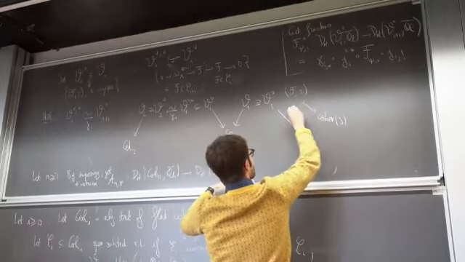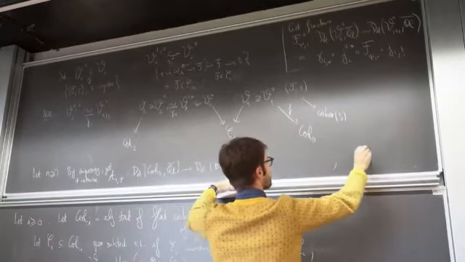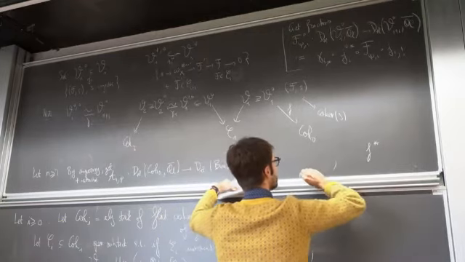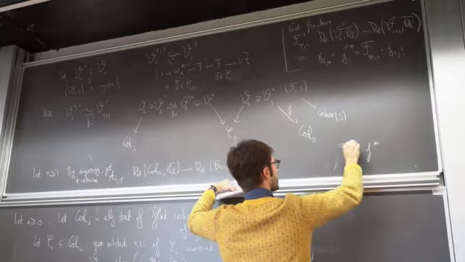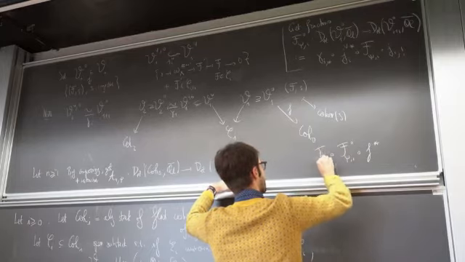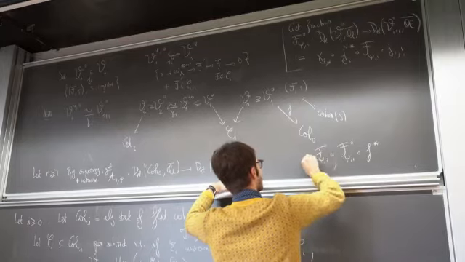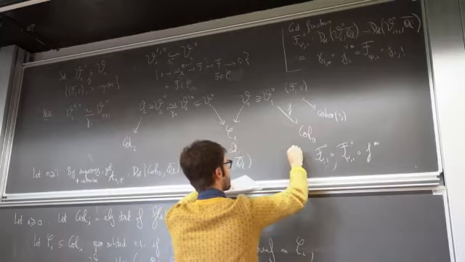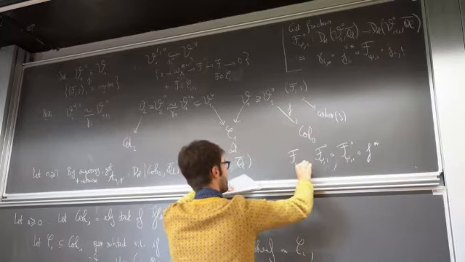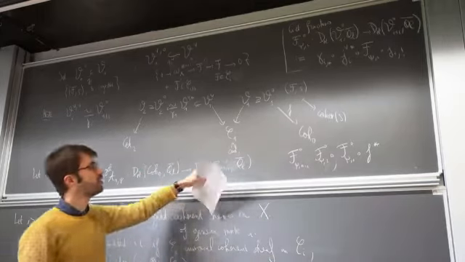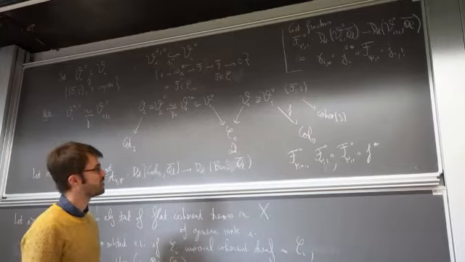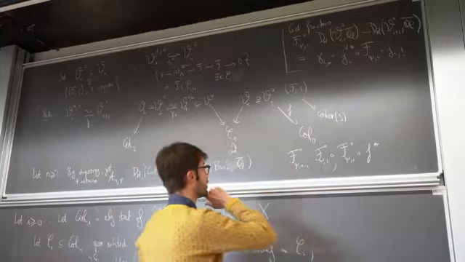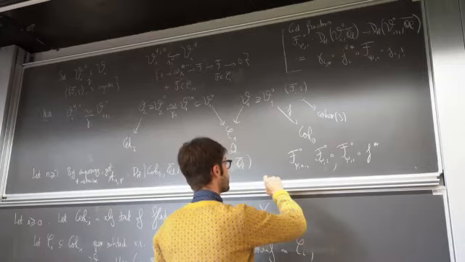Let me call this part f. First you pull back along f, then you apply F psi_1 naught, then F psi_2 naught, and so on, until you get to F psi_{n-1} naught. At this step you get an object which lives on V_n naught.